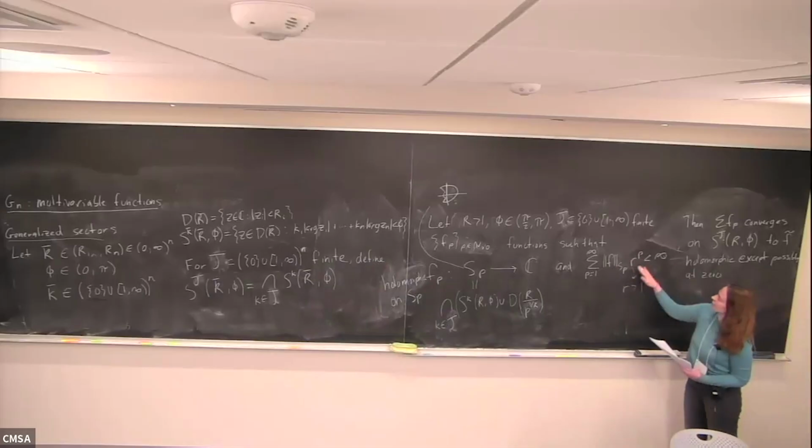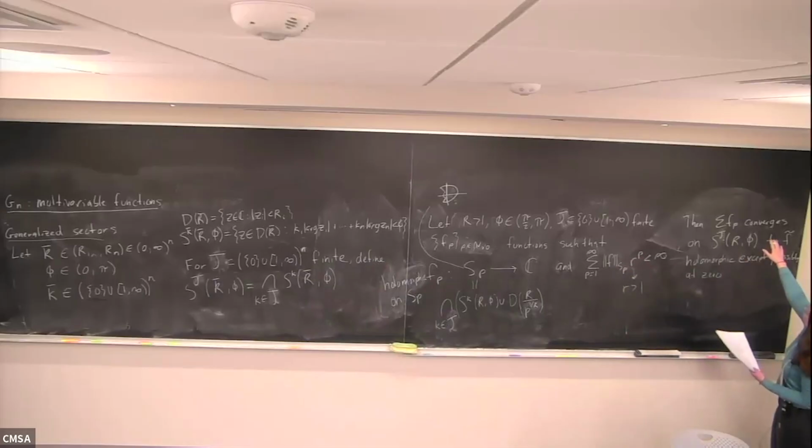Right, and then because of the convergence condition, the sum of the FPs will converge to this function F tilde on this generalized sector. And the function F tilde is holomorphic except possibly at 0.